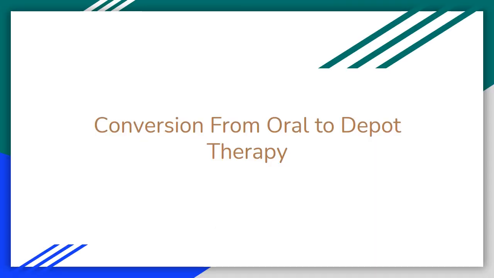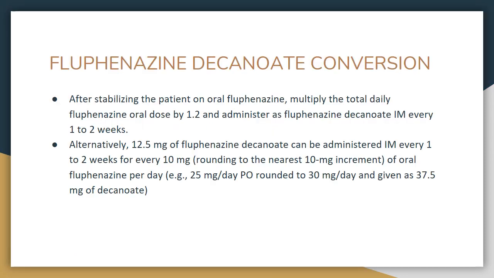Conversion from the oral to the depot therapy. The conversion of the following drugs may improve the response to the treatment. The first conversion is the fluphenazine decanoate conversion. After stabilizing the patient on oral fluphenazine, multiply the total daily fluphenazine oral dose by 1.2 and administer as fluphenazine decanoate IM every 1 to 2 weeks.